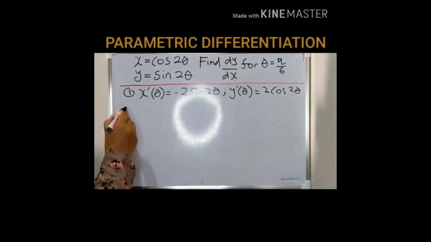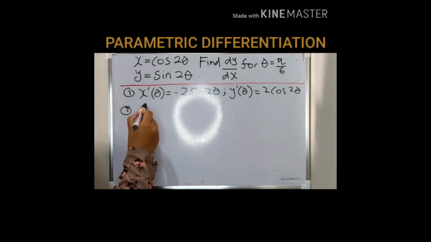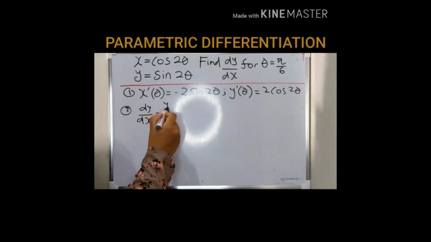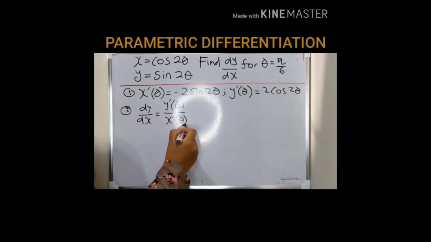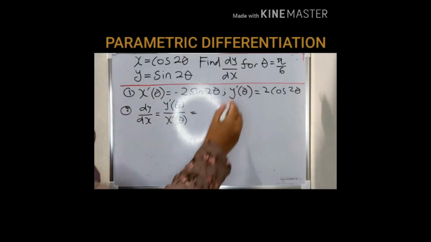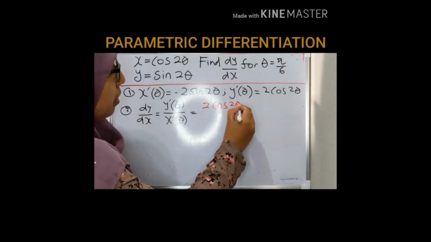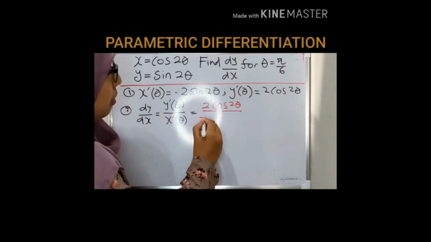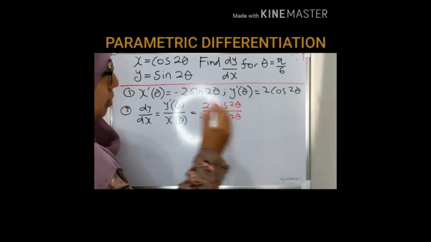Now by using the parametric differentiation formula, dy dx equals y prime theta over x prime theta. So what do we have here? We have 2 cos 2 theta over negative 2 sin 2 theta.